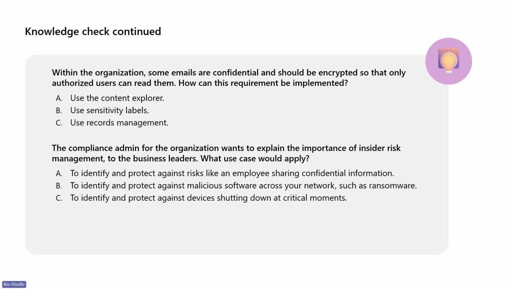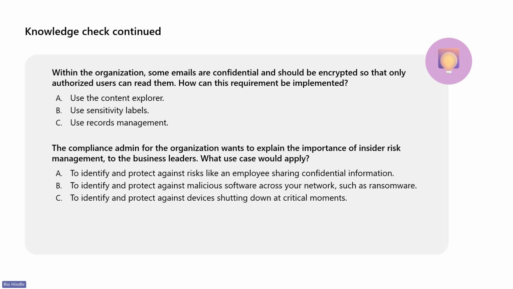Records management we already talked about, kind of retention, disposition reviews. Content Explorer I talked about. To actually view content, we need a particular RBAC role. So that's talking about actually visibly seeing the data. Labeling, we talked about, okay, not only can we apply a label, but we can also apply encryption on top, with watermarking, footers, headers, that kind of stuff. So the answer will be B.